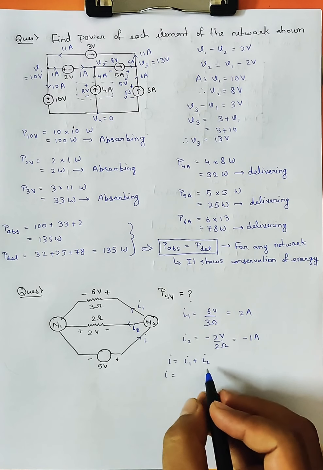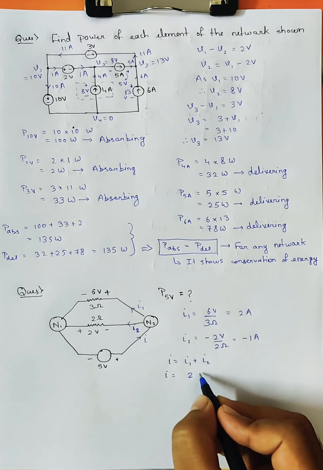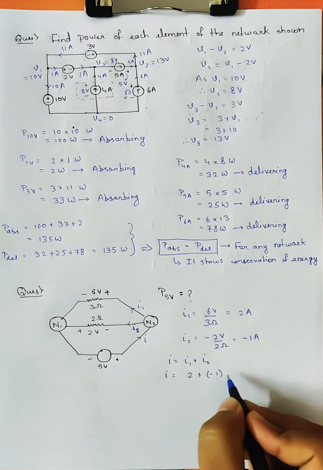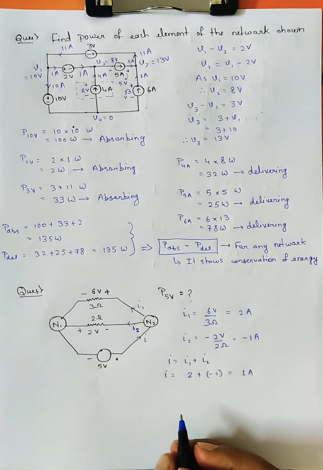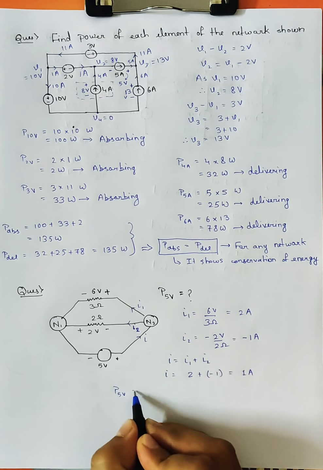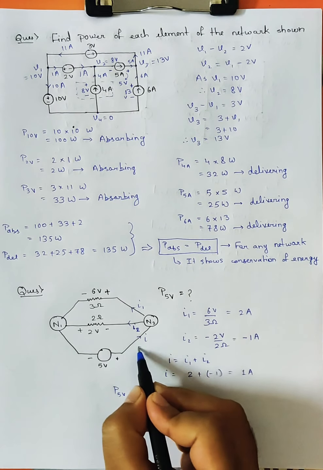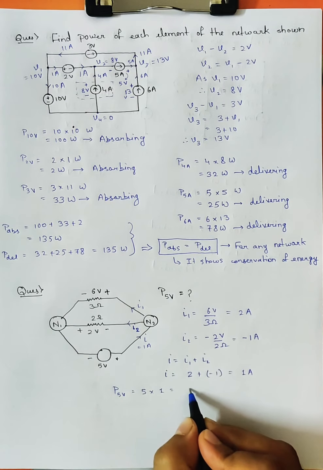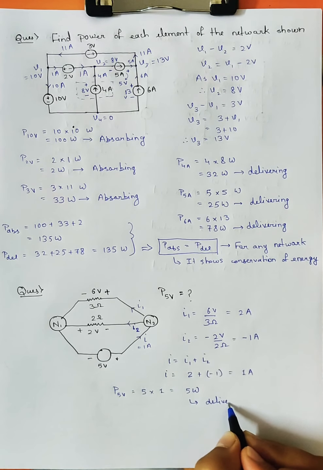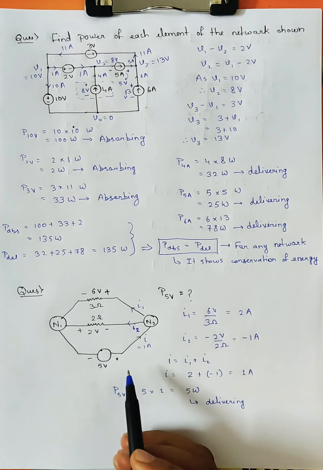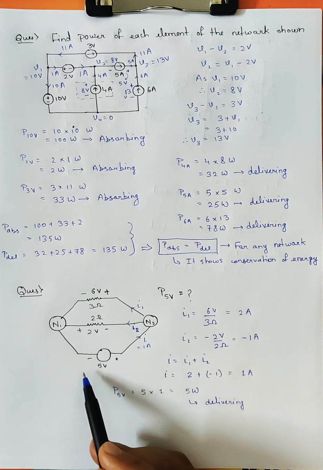I will be equal to I1 is 2 amperes, I2 is minus 1, so 2 plus minus 1 will be equal to 1 ampere. Now P for 5 volts will be equal to the voltage, that is 5, into current, that is 1 ampere, which will be equal to 5 watt. This power is delivering, as the current is coming out of the positive terminal of the element.